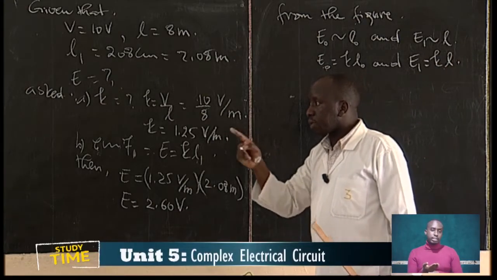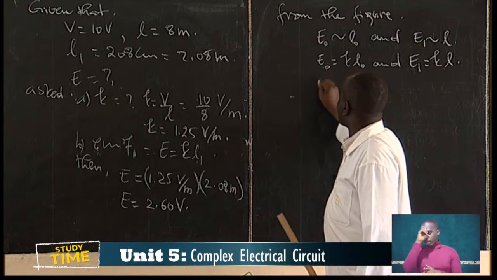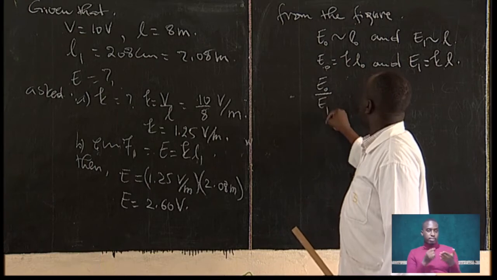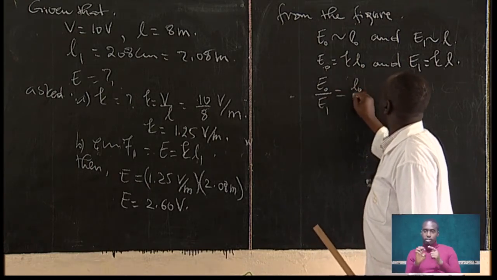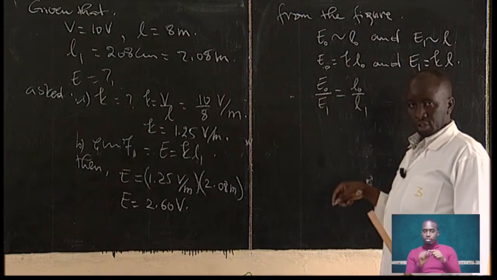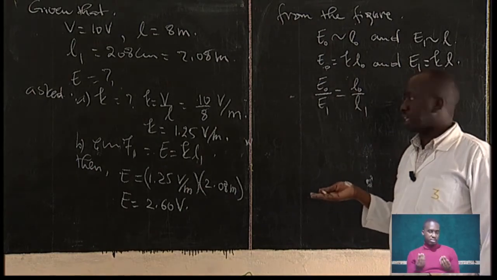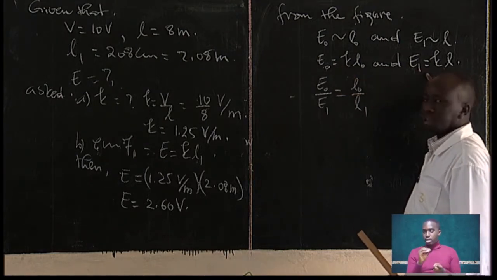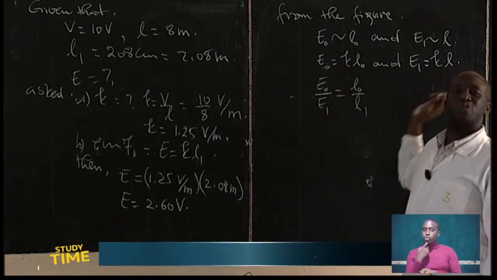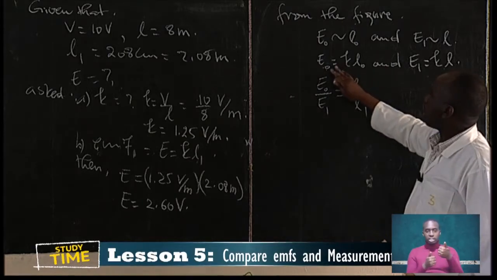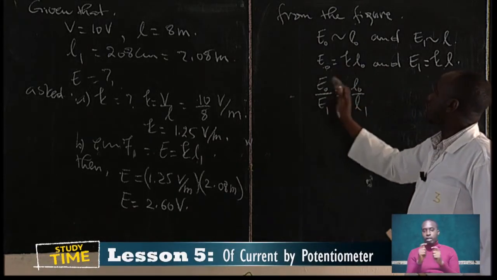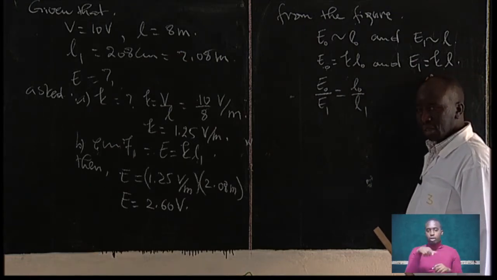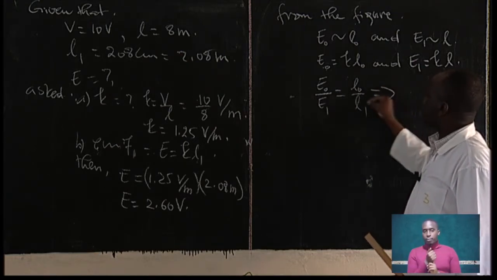So what is next? The next point now is to ask ourselves, what can now be the answer if we take E0 over E1 equals L0 over L1. Do you see this? Very simple to find. It's because we have this E0 and this E1, we can divide each side by the corresponding side of the other equation, and then we find this ratio.